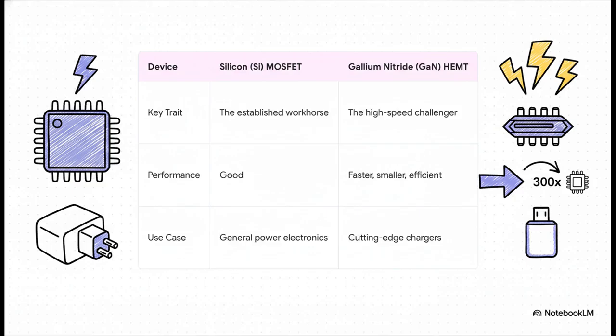They can switch way faster, with lower resistance and fewer of those nasty parasitic effects than silicon can. What this means is we can build power supplies and chargers that are ridiculously small and incredibly efficient. Just to put it in perspective, a tiny GaN device can handle 300 times the current of a silicon MOSFET of the same size. That's why your new phone charger is probably a fraction of the size of your old one. It's an absolute game changer.